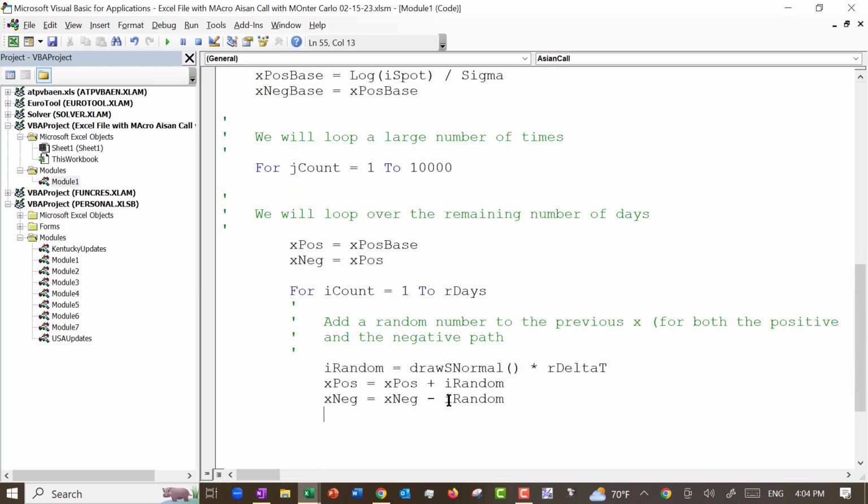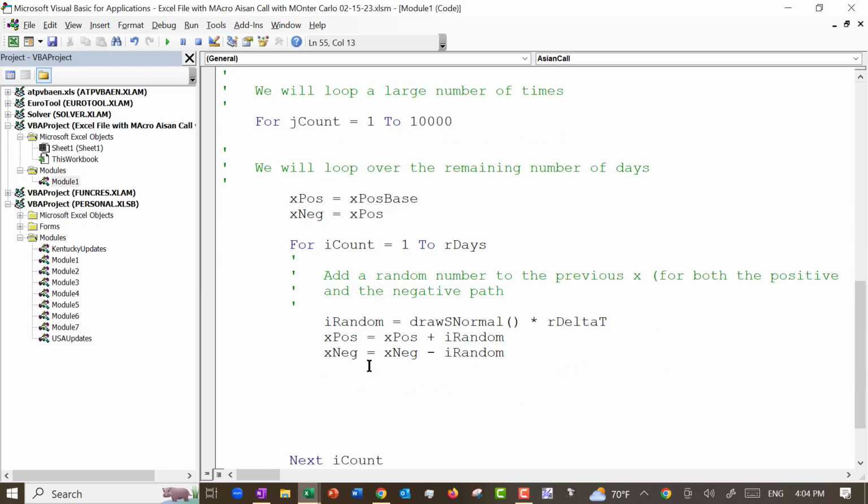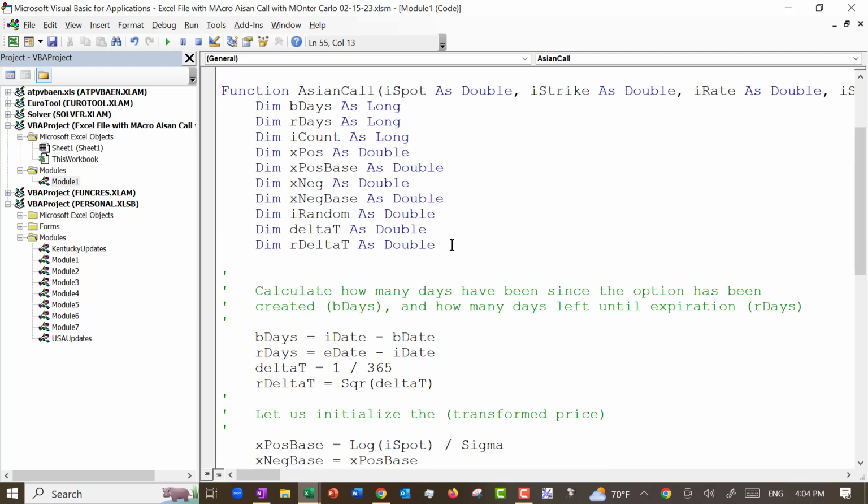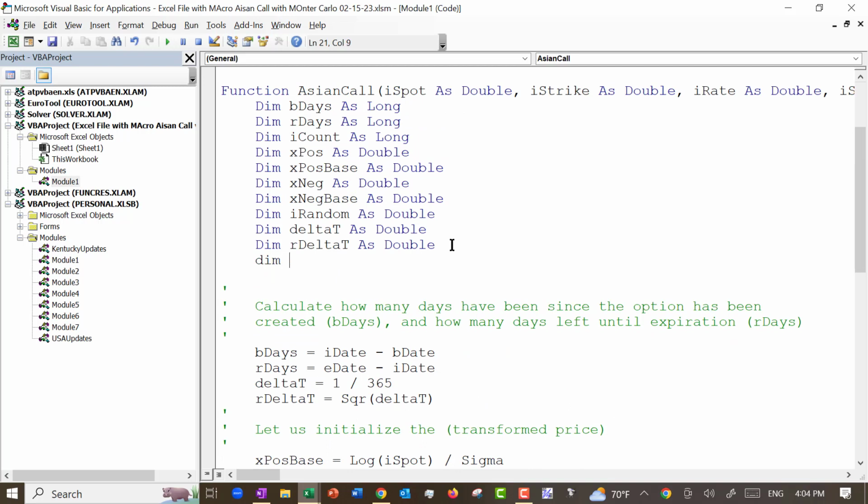We also need a way to keep track of the average. So let's do this. Dim mPos as double.